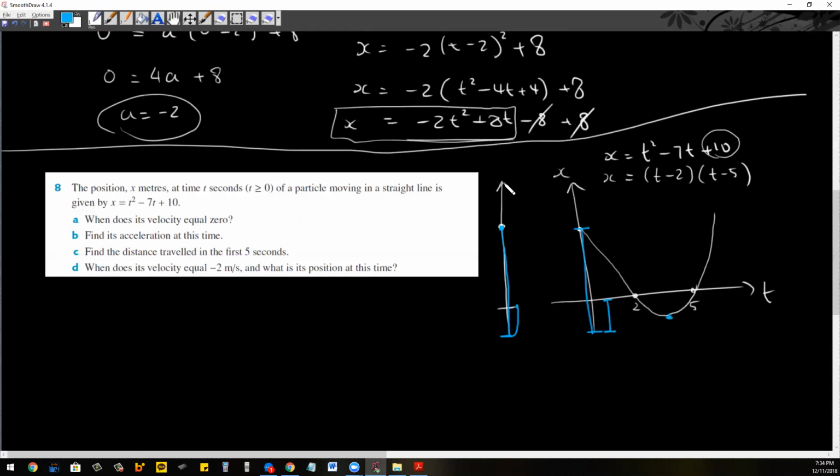Yeah. So we can take the derivative of this one. You guys learned derivative, right? Yeah, of course. dx/dt is equal to 2t minus 7, and let that equal 0. When you let the first derivative equal 0, then we are looking for a stationary point, either maximum or minimum.